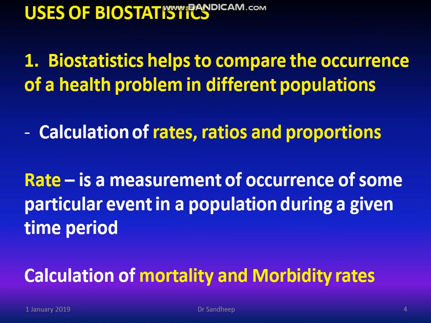Biostatistics helps to compare the occurrence of a health problem in different populations. It helps to calculate rates, ratios, and proportions. Rate is the measurement of occurrence of some particular event which is related to health in a population during a given time period.